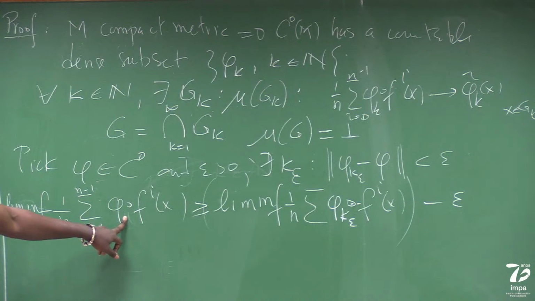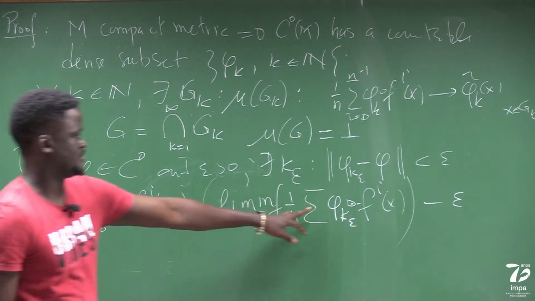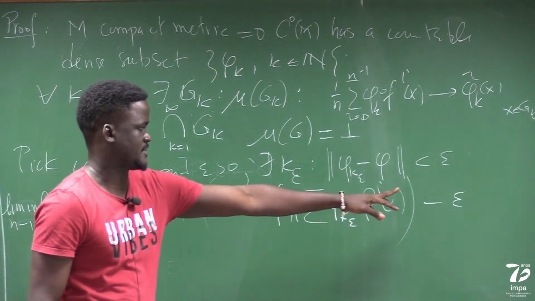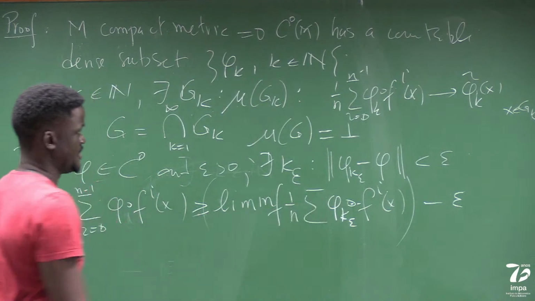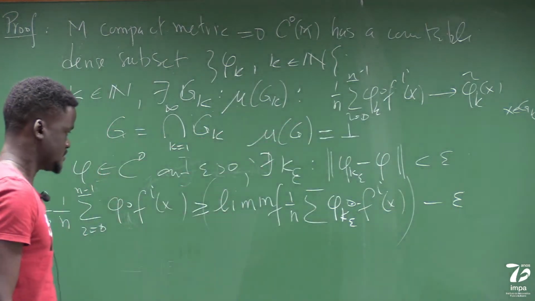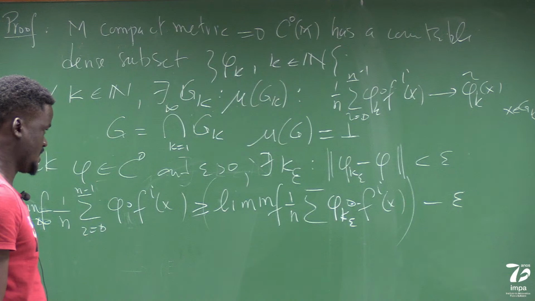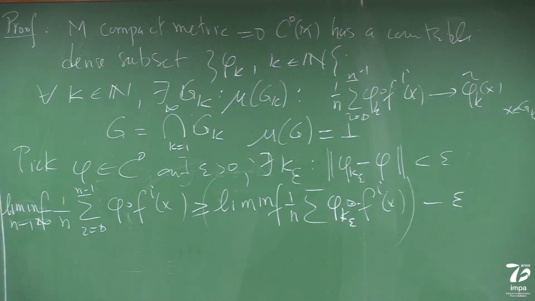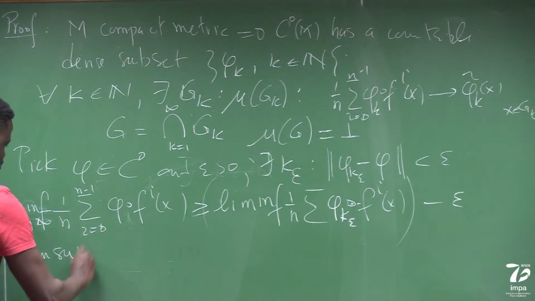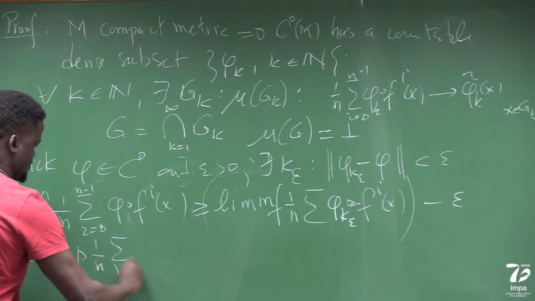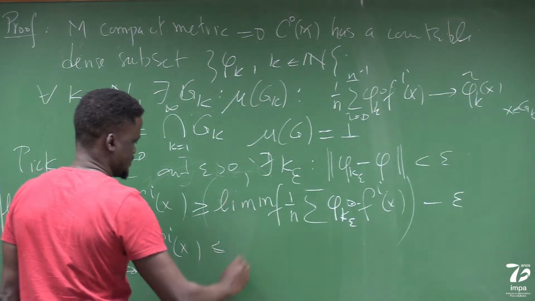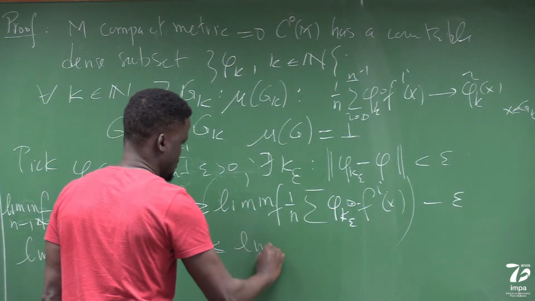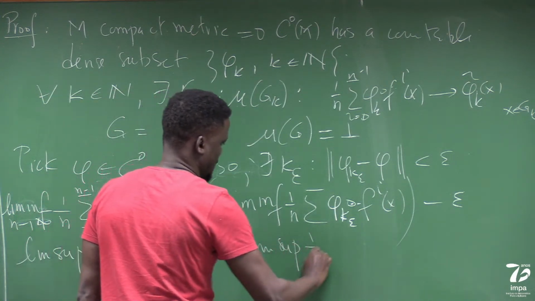Since you're averaging by n, the epsilon gets out of the sum, and here the lim inf is actually a limit because of what we know here. Similarly, you can see that the lim sup is less than or equal to the lim sup of the phi_k_epsilon averages plus epsilon, which is also a limit.